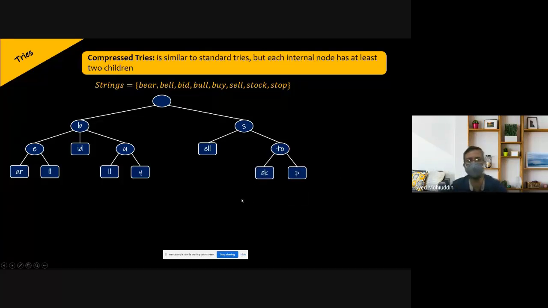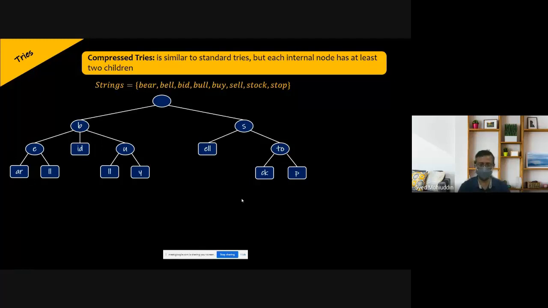So the difference between standard tries and compressed tries is that in compressed tries each internal node will have at least two children. From the standard trie, whoever has one child, we can club it, or compress it into a node, and then it becomes a compressed trie.